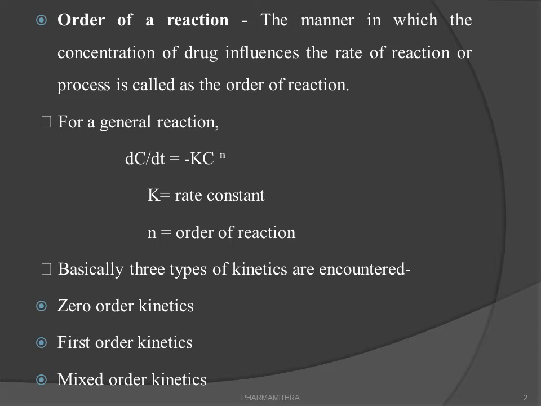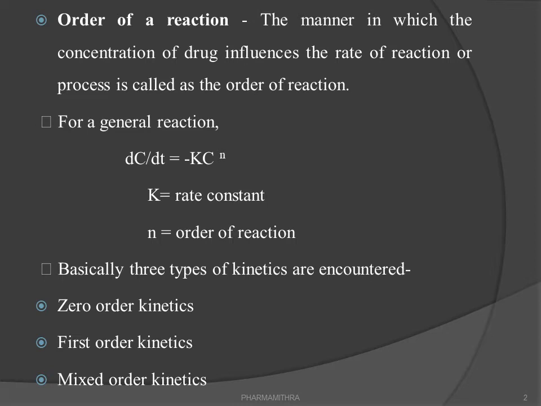Here C is the concentration of drug A, and the rate of decrease in concentration of drug A is converted to B. So it can be defined as a function of time, and that reaction can be expressed generally as dC by dt is equal to minus kC raised to n, where k is the rate constant and n is the order of the reaction.